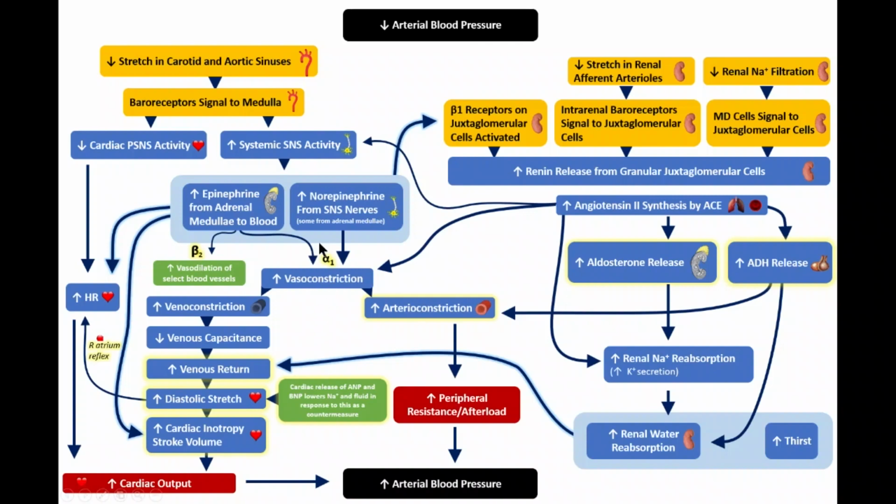Okay, so when we cause vasoconstriction, that term means constricting blood vessels. It could be arteries, it could be veins. Most people usually mean arteries or arterioles, but I'm going to separate the two here because they have two different outcomes. So venoconstriction, or constricting veins, decreases venous capacitance.